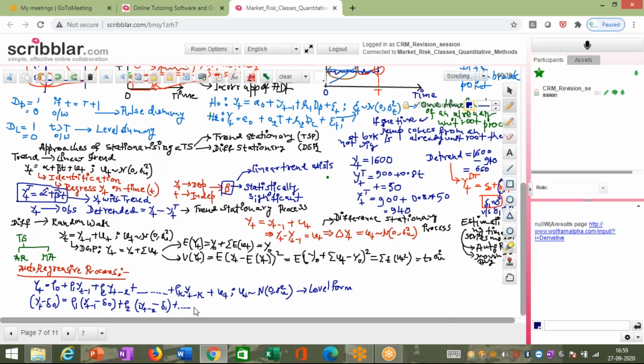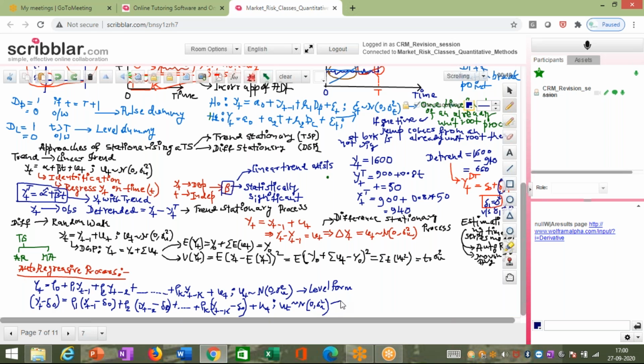So like this, I have rho k y t minus k, plus delta 0, plus u t, where u t is a white noise, so u t follows a normal distribution with a mean 0 and sigma square u.